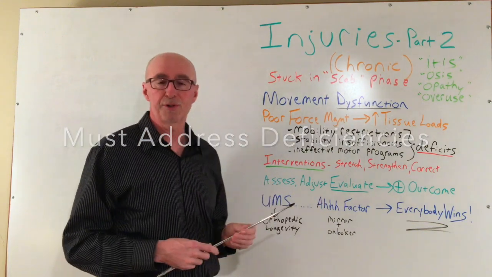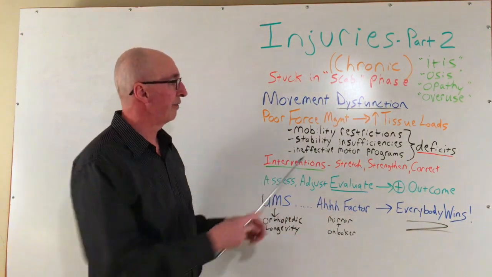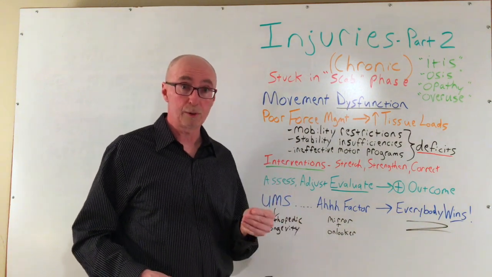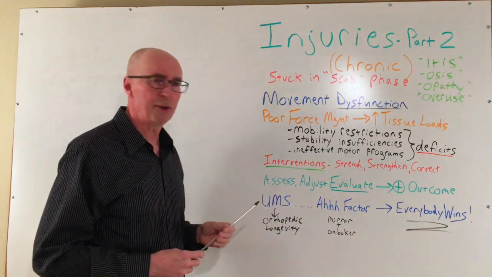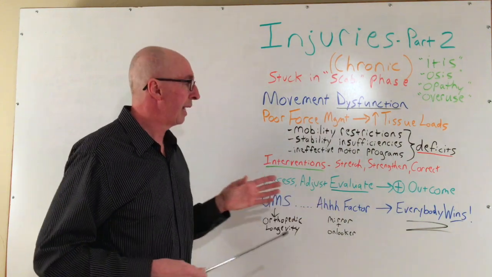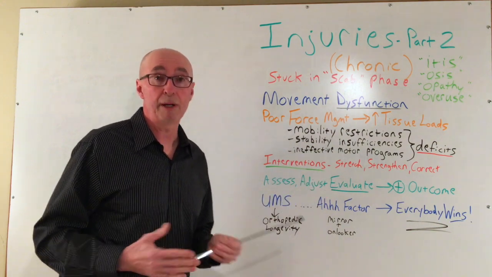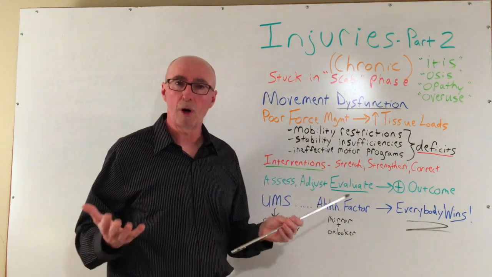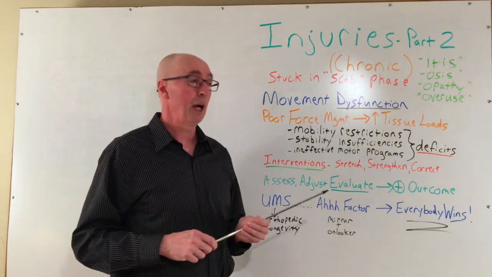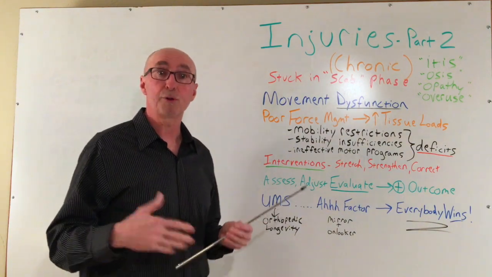This is super simplified because I said stretch, strengthen, and correct. In reality, if we have a mobility restriction, stretching might be one tool that we use in our clinical toolbox. However, there might be a number of manipulation, massage, tissue techniques that we would employ. Then we have strengthen, and that might be increasing raw strength or hypertrophy within a muscle, but many times it might be increasing the ability of the muscle to activate and fire, or its endurance or fatigue resistance.